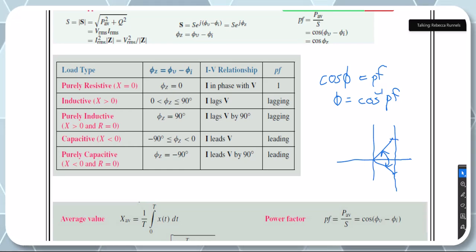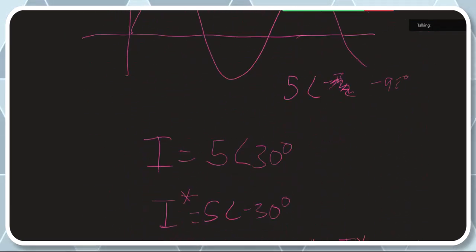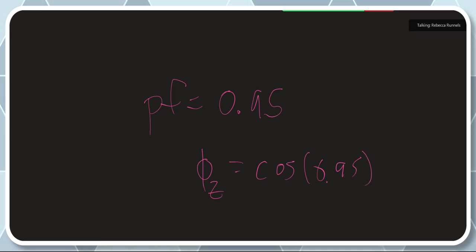So if I say the power factor is 0.95, and I ask you for the angle of the impedance, you would say, wait a minute, I can't quite do that. I need more information. Because if you take the inverse cosine of 0.95, you might have the right answer.